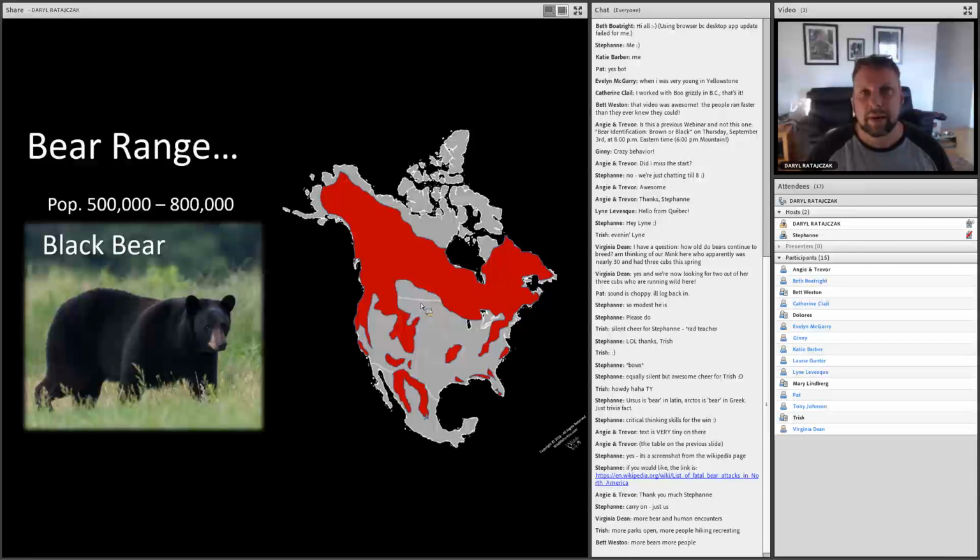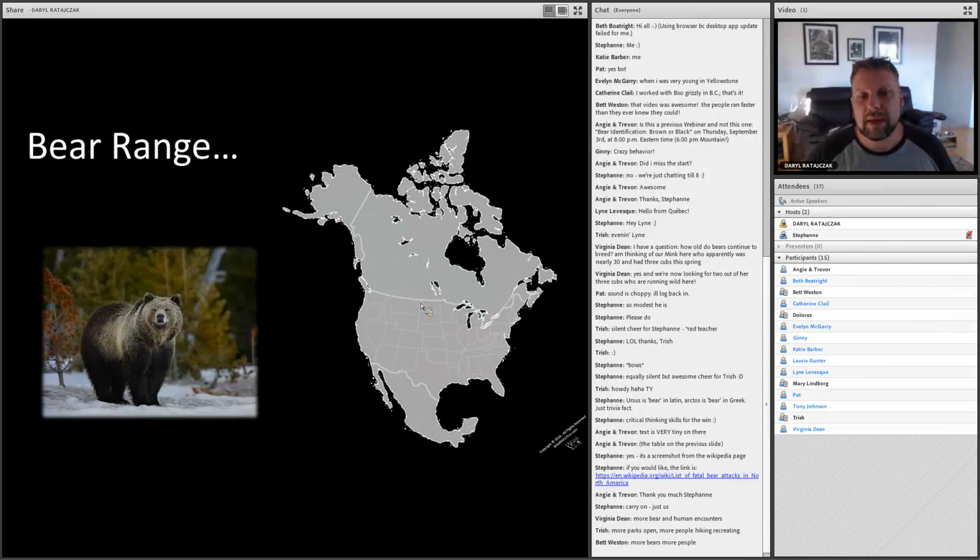They've been wiped out in a lot of parts, but they're still found in almost every state in the United States, as well as every province in Canada. So they're still a very populous animal. So much so that their population is estimated anywhere between 500,000 and 800,000 black bears. That's a lot of black bears living in North America.